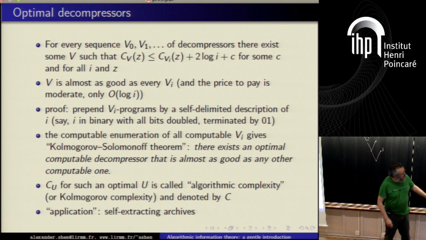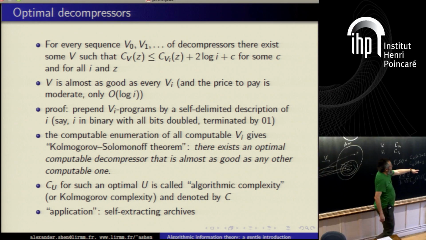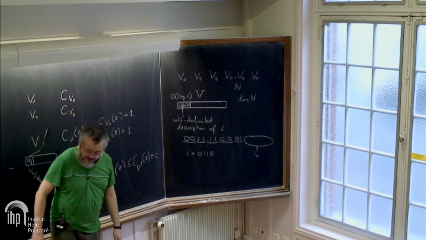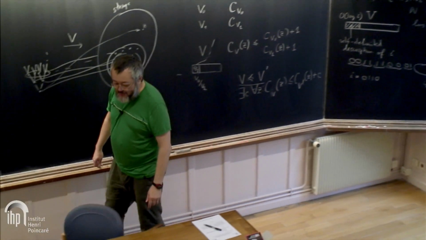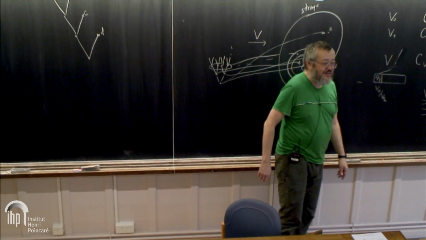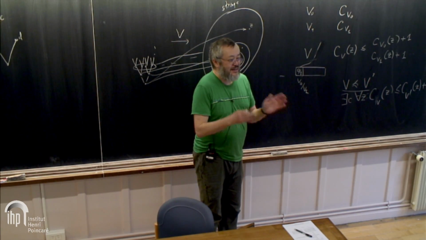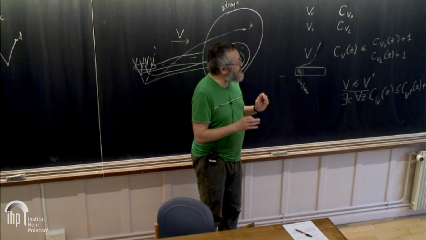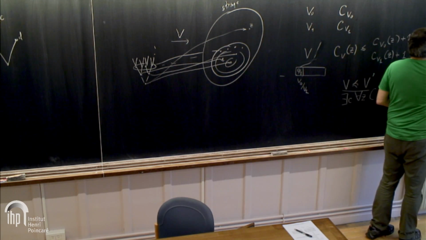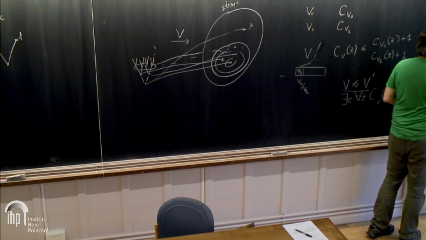But I also want to say that this has another application, not in zip. In old times, when people were not so afraid of viruses, there was something called a self-extracting archive. You just get an executable file and you run it, and this executable file actually consists of a small program, and the rest is data.